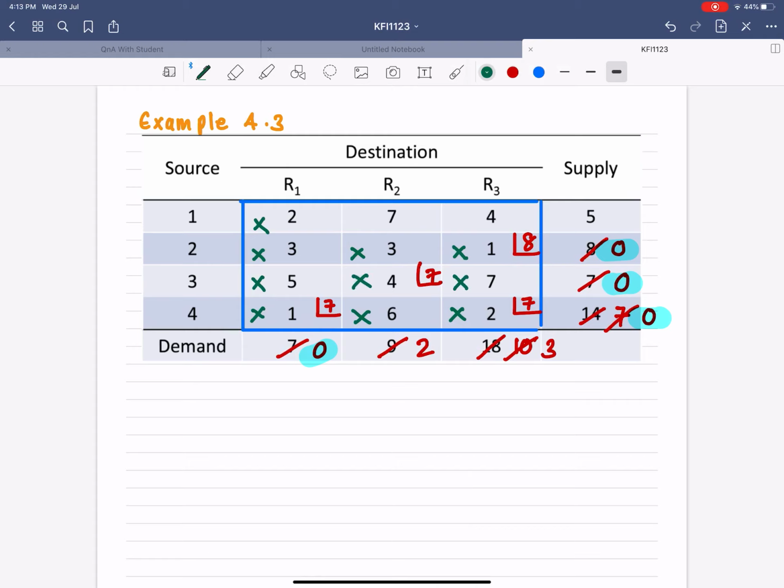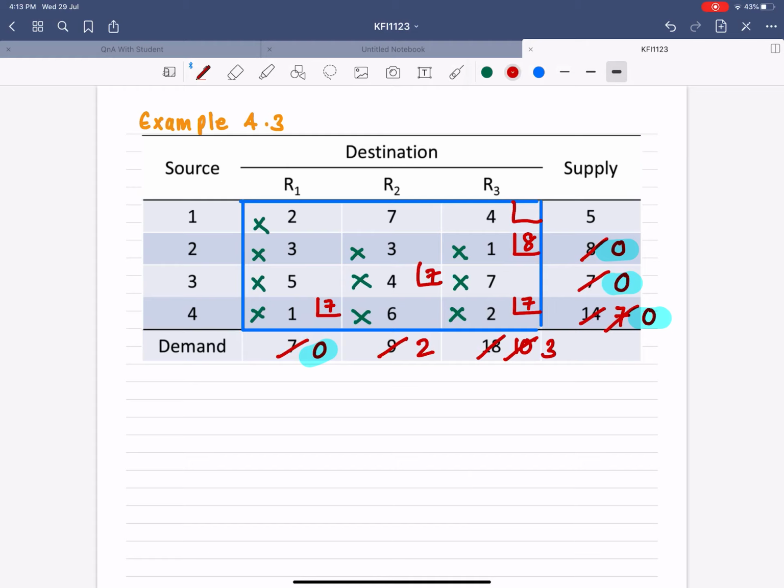So the cells left are these. Between 4 and 7, 4 is less than 7, where 4 is the minimum value. Then we will allocate a value here.